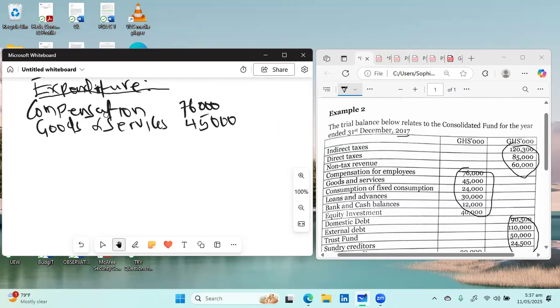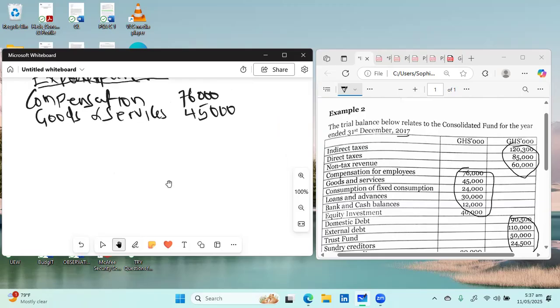What's the next item? Yes, consumption of fixed capital. Consumption of fixed capital is just depreciation, so don't be confused. How much is it? 24,000.